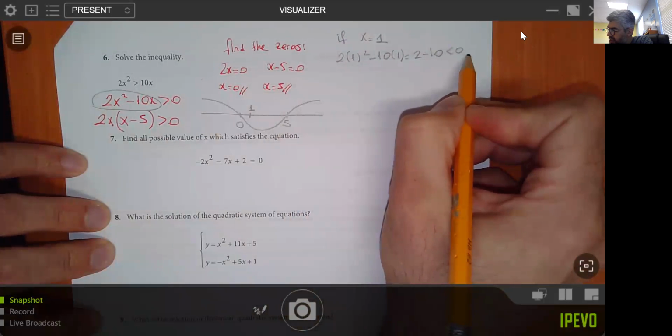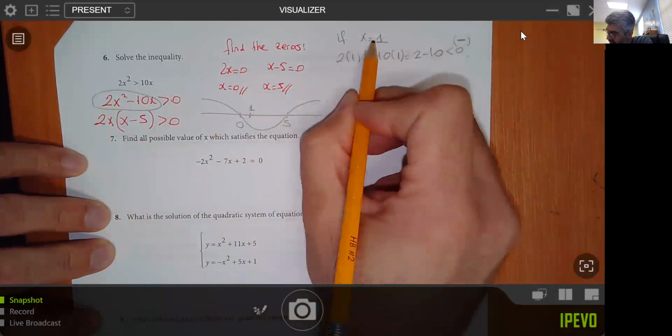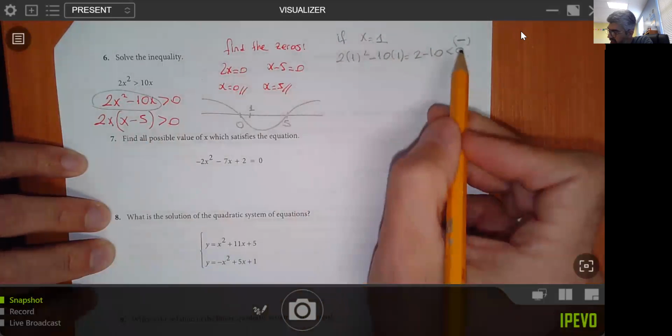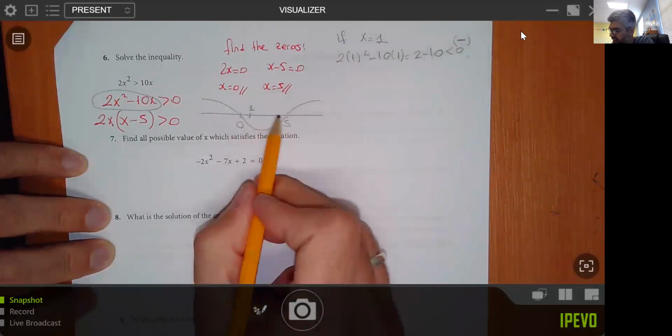Guys, it's less than 0. It's negative. Look, it's negative. If x is 1, the function is negative. 1 belongs to this interval, 0 to 5, okay?